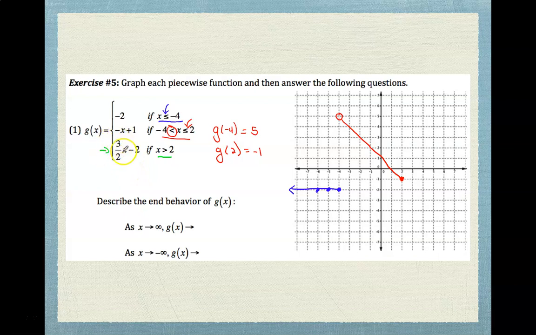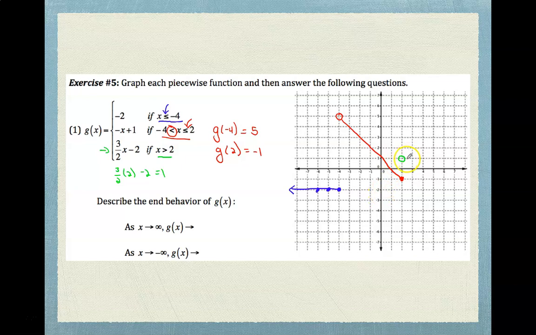If I plug 2 in right here, I would get 3/2 times 2 minus 2, which is 3 minus 2, which is 1. So the function does not equal 2 in this bottom chunk, but it goes right up to 2. So g of 2 is going to be 1, and that is an open circle.